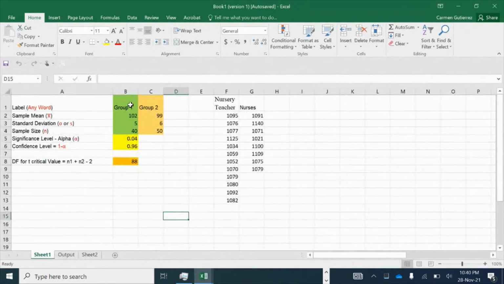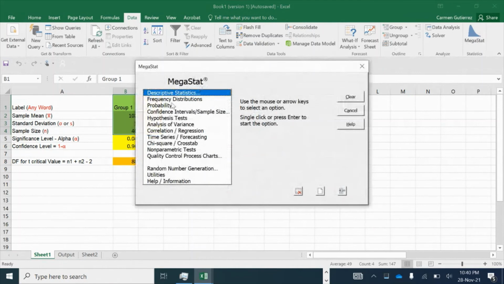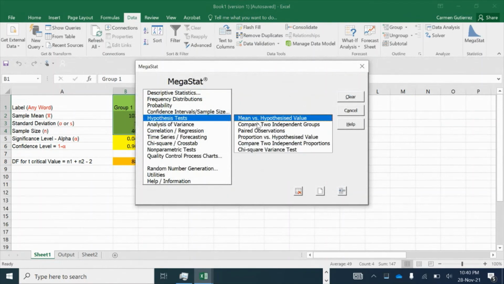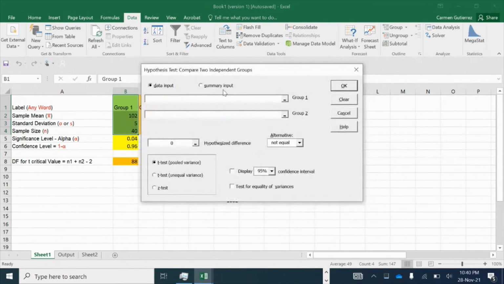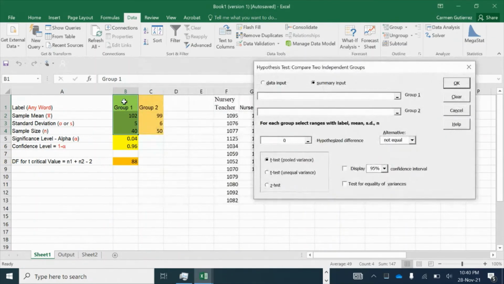Okay, so if the exercise has given you a summary, meaning they've given you sample mean, standard deviation, sample size, then you go data, MegaStat, hypothesis test, compare two independent groups, and you will be looking at the summary. MegaStat always needs a label, the mean, standard deviation, and sample size.